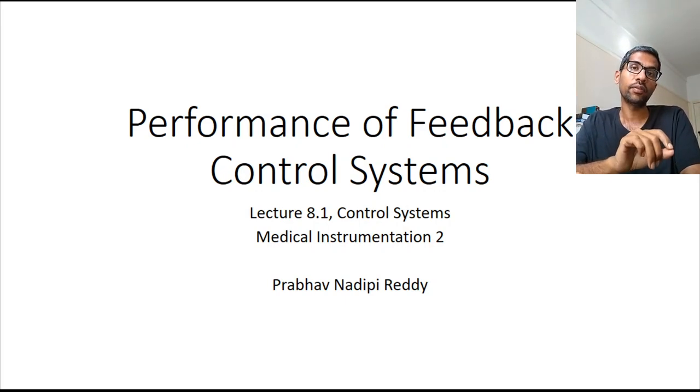The question, however, is: okay, I can do that, but how do I evaluate whether my control system is working well or not? Are there some measures to measure this performance? Those are the kinds of questions we want to answer, and we want to look at what those performance measures would be and how they can help us to design and evaluate control systems.